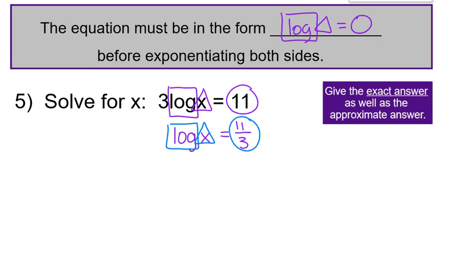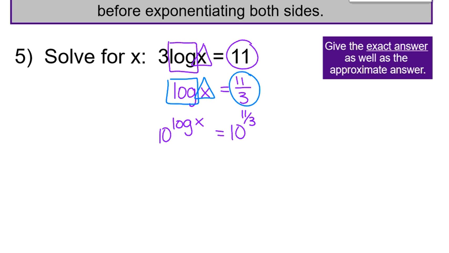Some base to the left equals some base to the right. What base do we want to use? Look at our logarithm. It just says log, so that means it's a common log, which is base 10. So we want to use 10. 10 to the left equals 10 to the right. 10 to the log base 10, these are inverse functions that cancel, leaving us just with x.